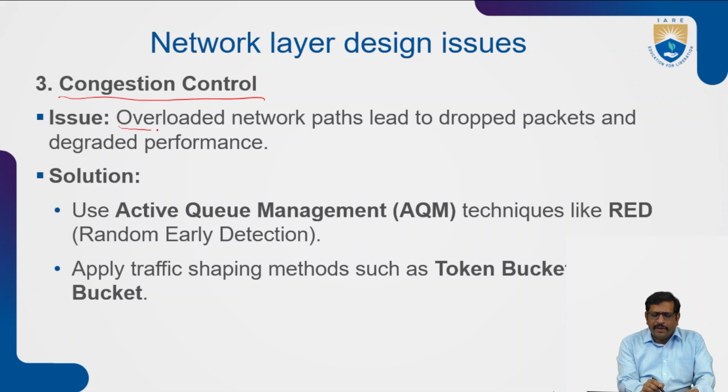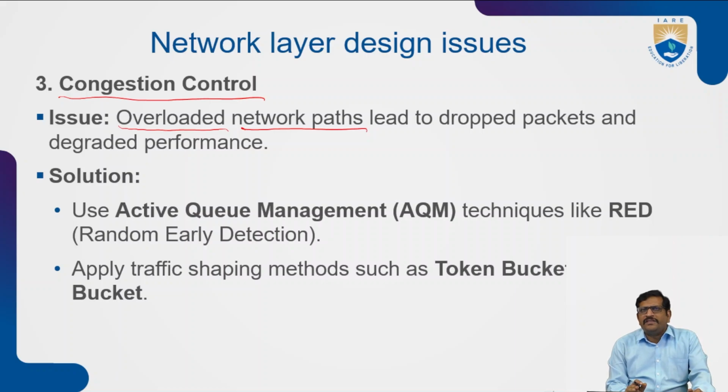Overloaded means heavy traffic. If you transfer more data than the capacity of the network path, the load will increase on the network path from source to destination, and generally congestion will arise.